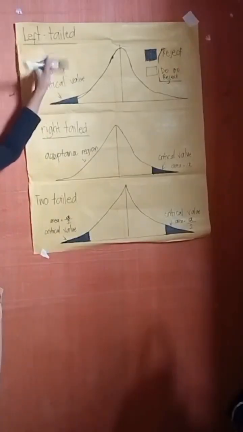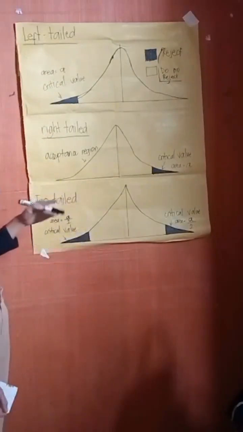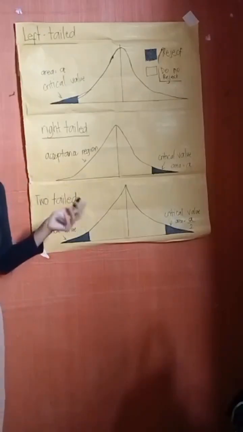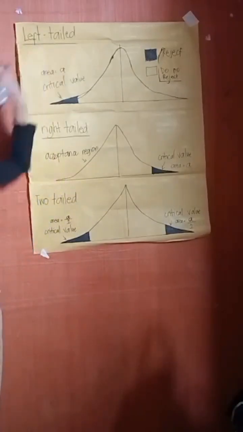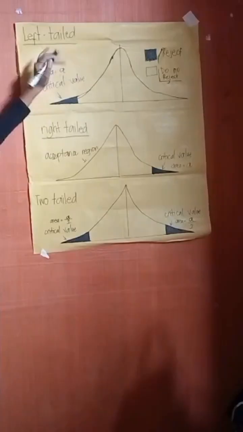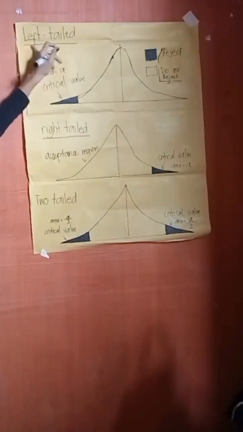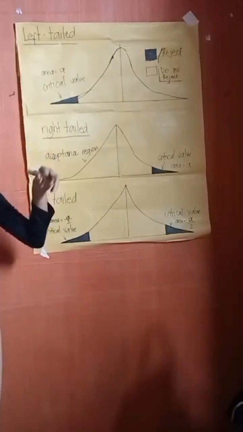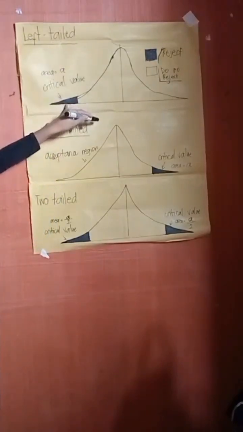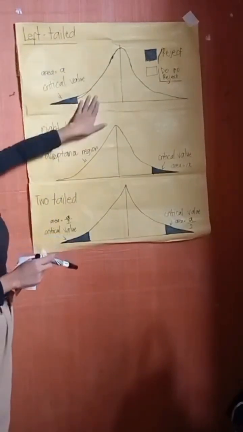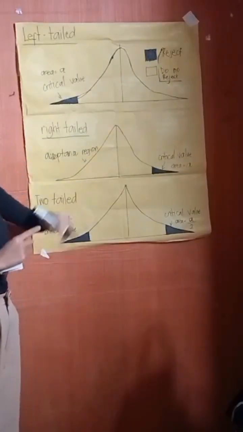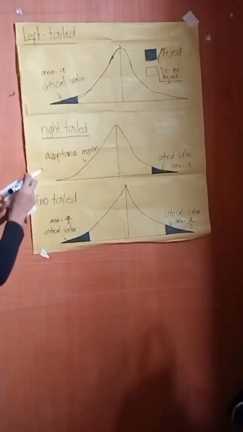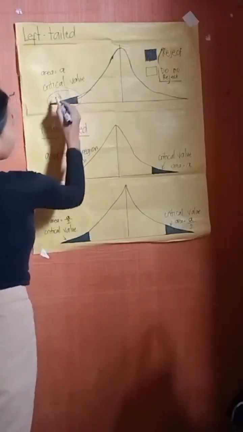So first, we all know that there is one tailed. It's either greater than or less than sign that we will use. But if it is left tailed, the sign that we will use there is less than. So here, as you can see, this is our normal curve. So this one is our critical value.